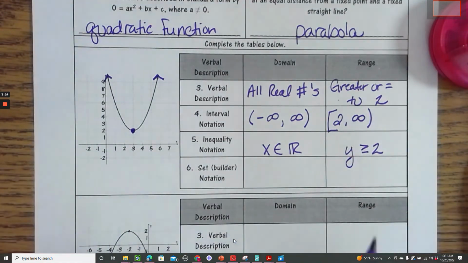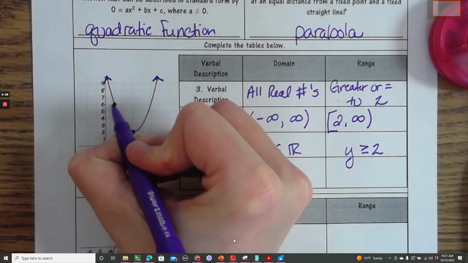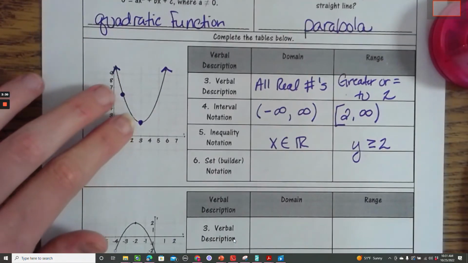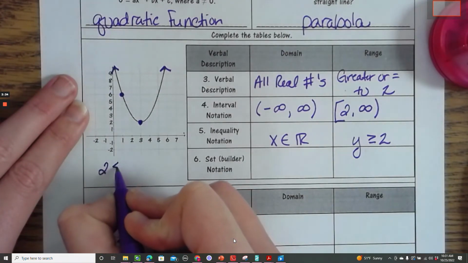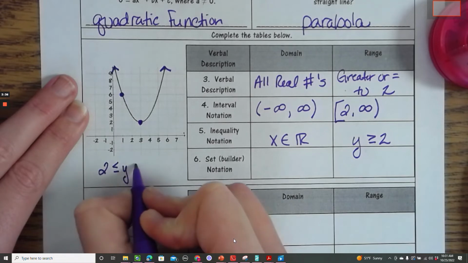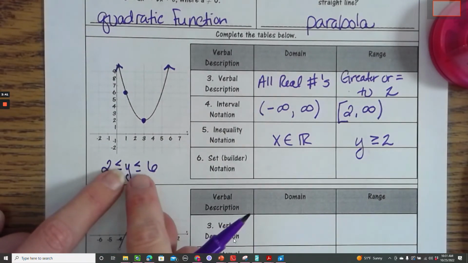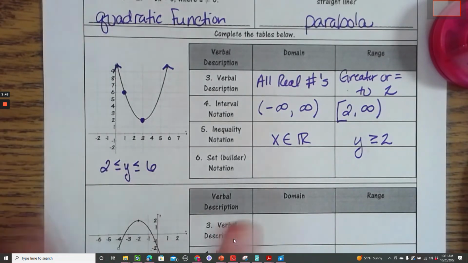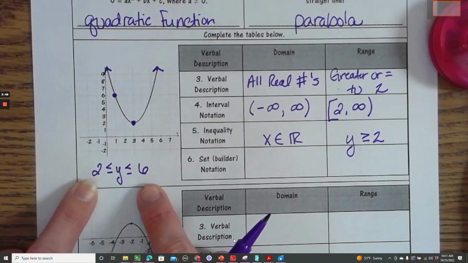Remember if it's 2 numbers, so say the range went from there to there, it would be 2 is less than or equal to y is less than or equal to 6. When you have 2 numbers, the inequality signs always open up to the right. They'll never go the other direction if you've got 2 numbers, x or y.